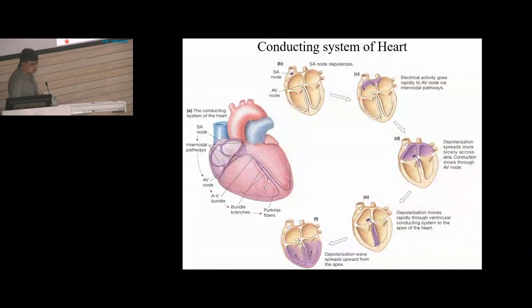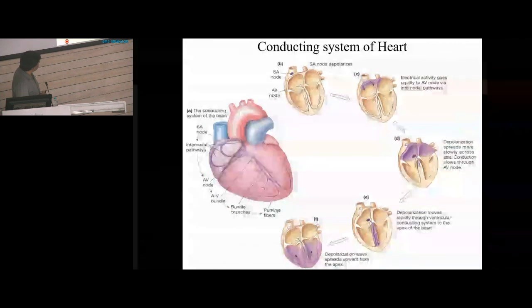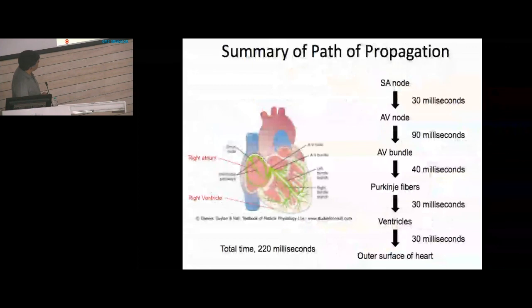Again, to have a quick review: SA node, 3 internodal pathways, AV node, bundle of His or AV bundle, right and left bundle branches to the apex, and then the Purkinje network through the ventricular wall. So this is the total time in milliseconds.